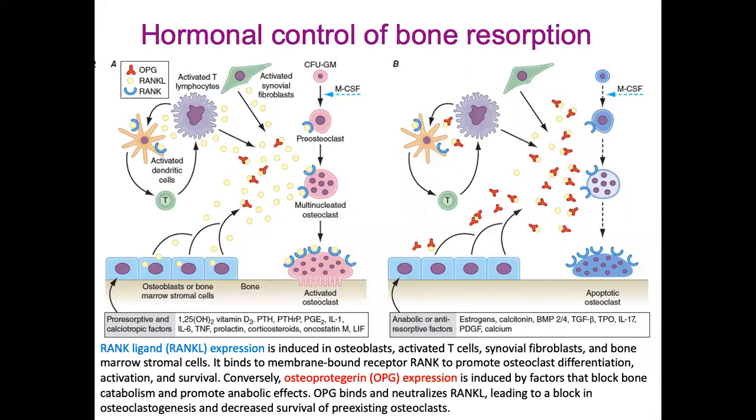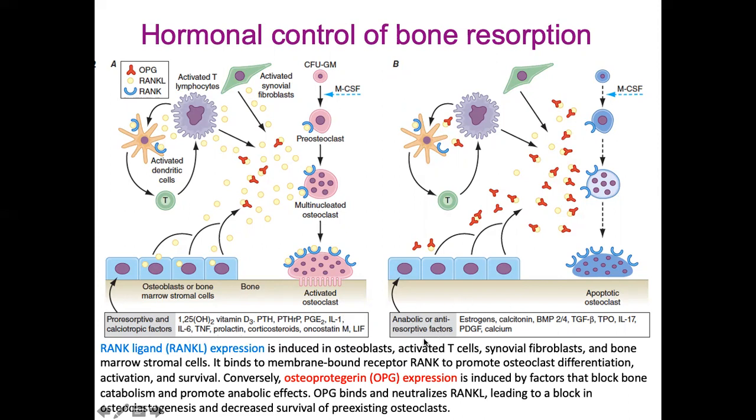What's important to remember here is what are the things that promote bone resorption and what are the things that promote bone formation, your anabolic factors. Among the factors that promote bone resorption, it's important to remember your vitamin D and your PTH, your prolactin and your corticosteroids, as well as acute phase reactants or interleukins.